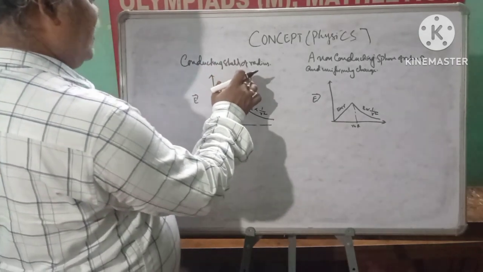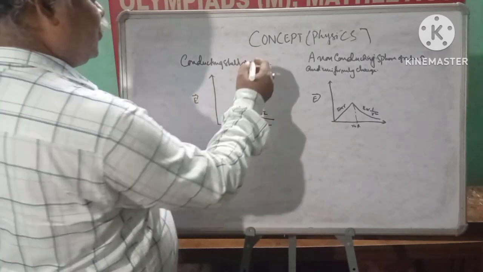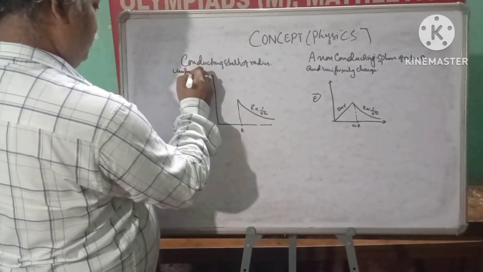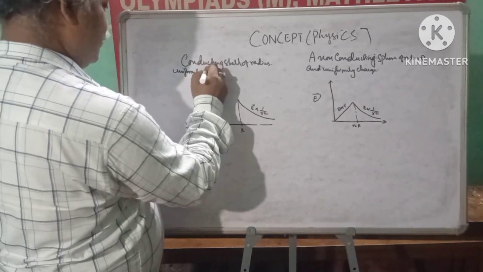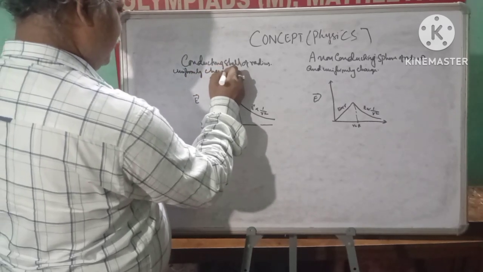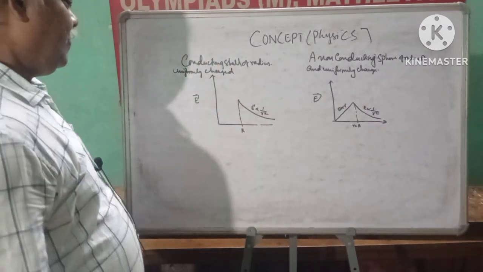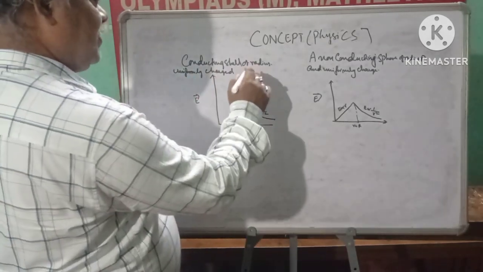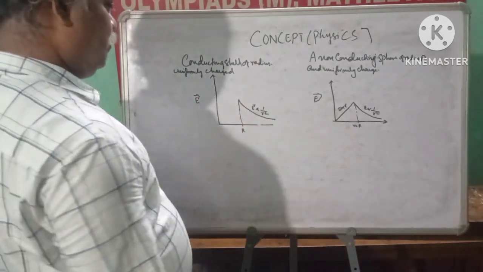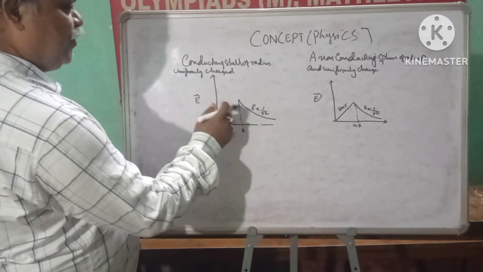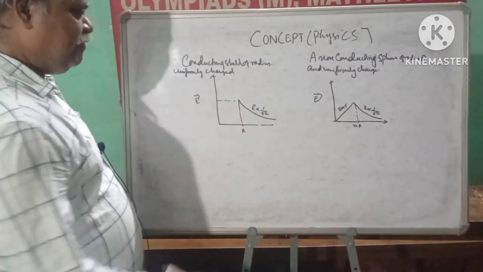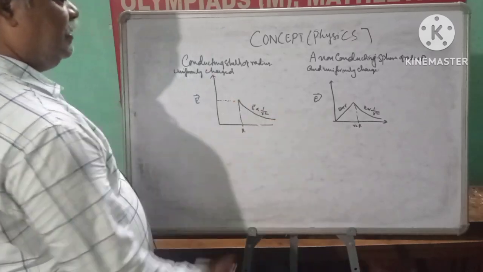See the concept here, because this conducting shell is also uniformly charged, but inside the shell there is no electric field. Only the electric field is outside the sphere.